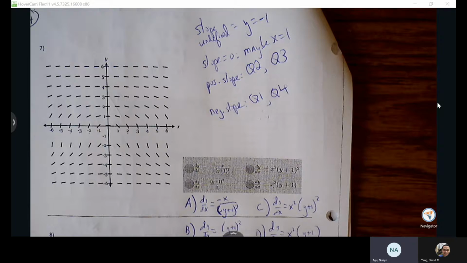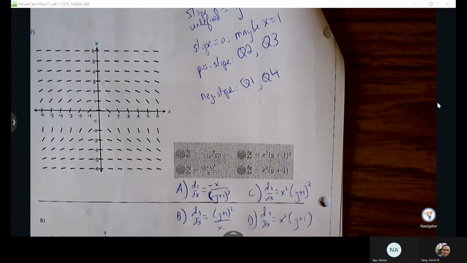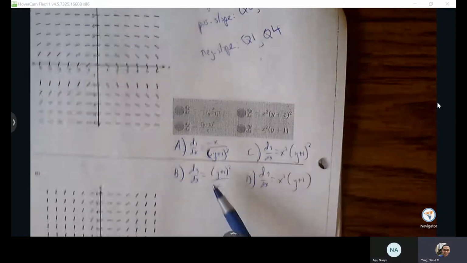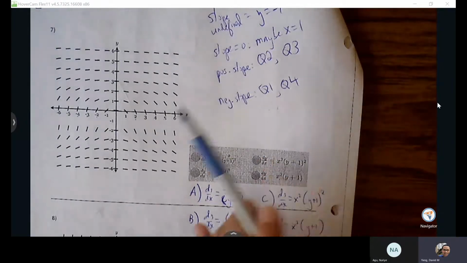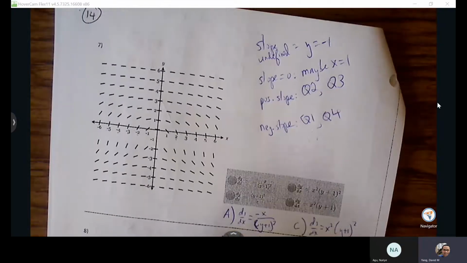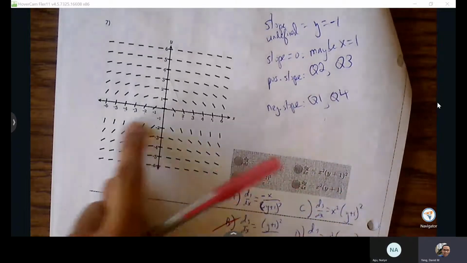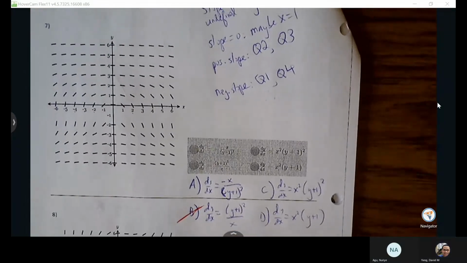We can eliminate B. You say B? Yeah. Yep, if I put -1 in for y, I get 0. 0 over x is not guaranteed to be undefined, so you're right. We can eliminate this one. This is not consistent with what we observe, right? All of y equals -1 is undefined. Anything else?